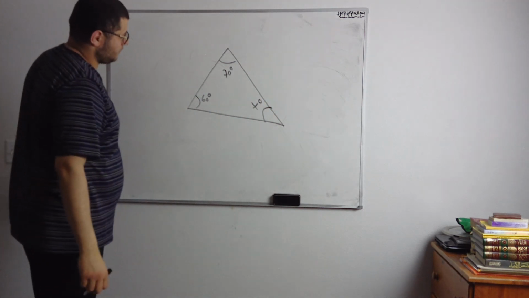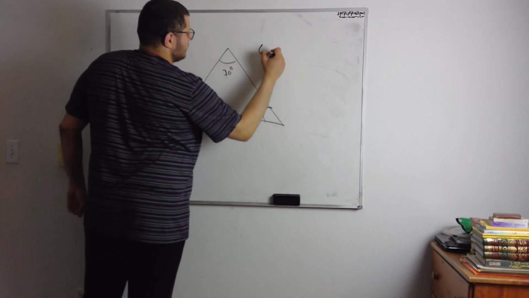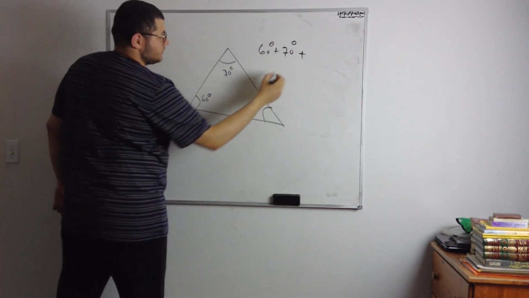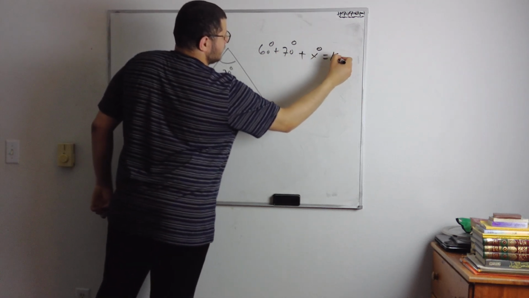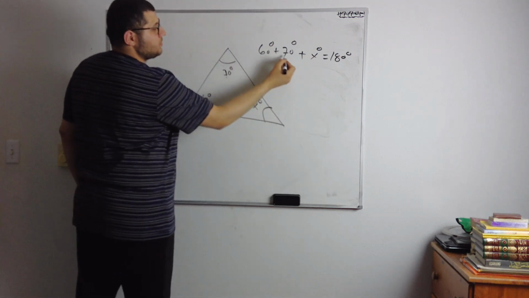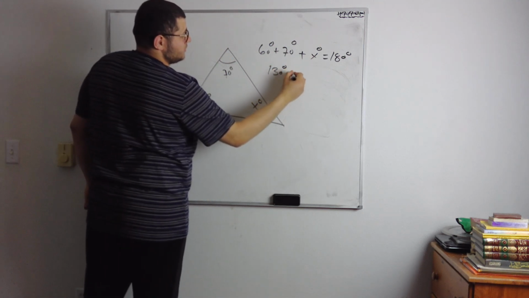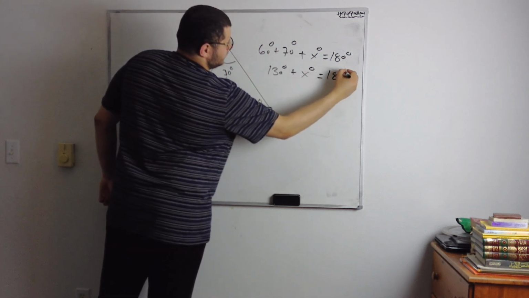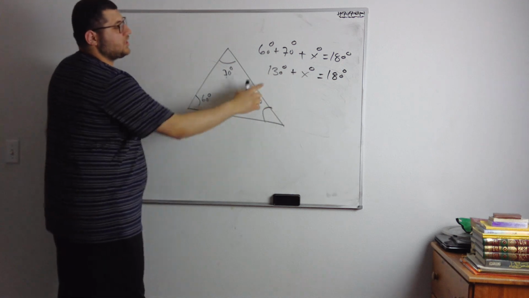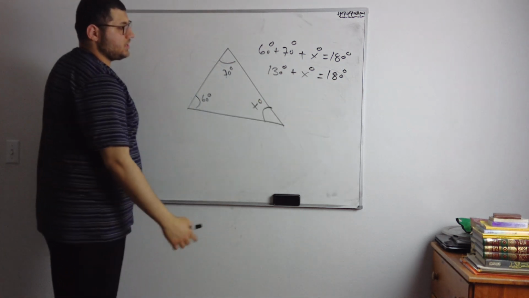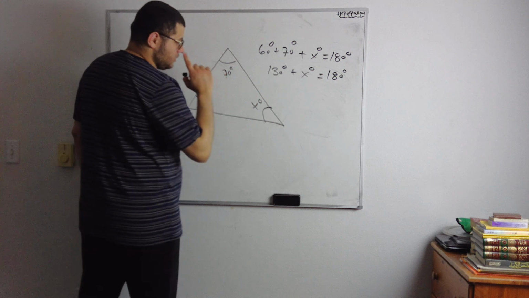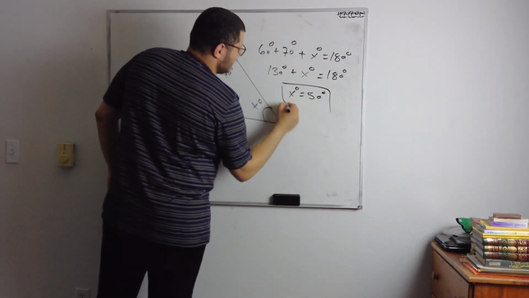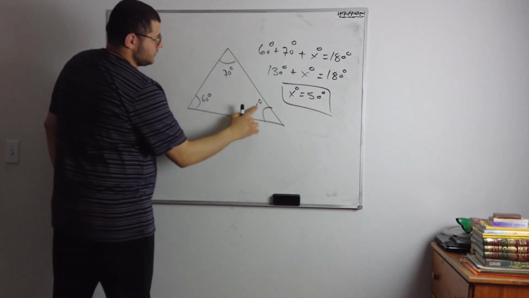What are we going to do? 60 degrees plus 70 degrees plus x degrees is equal to 180. So 60 plus 70 is 130 degrees, plus x equals 180 degrees. So how much do I have to add to 130 to get to 180? That's going to be 70. Not 70, sorry, 50. So the missing angle is 50 degrees.